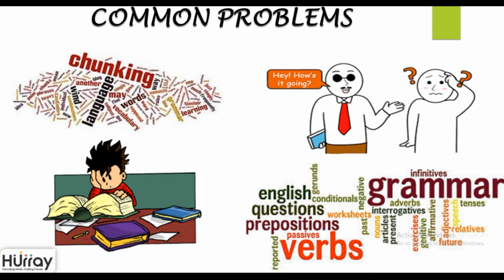The other major problem students face is the accent problem, inability to identify different accents, British, American or Australian. So that becomes a major hurdle. They miss out on important points or important words.